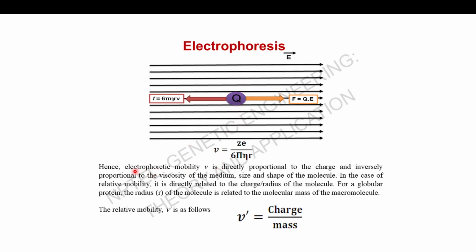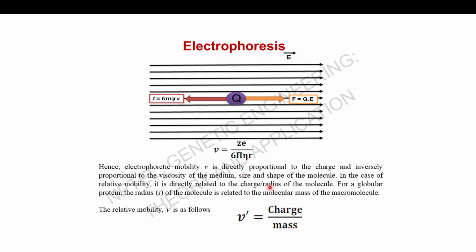So overall, when we get this equation by solving all these, equating at a particular time point, the mobility or V is directly proportional to the charge on the particular molecule of interest, and inversely proportional to the viscosity of the medium. Definitely, the higher the viscosity, the slower the speed.